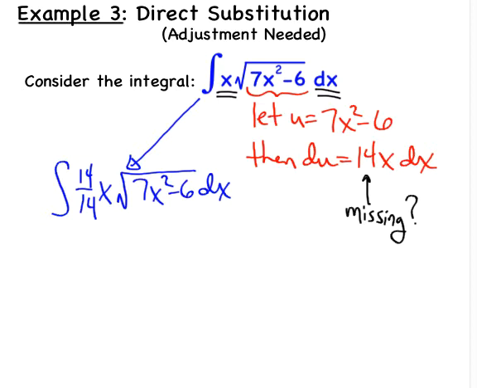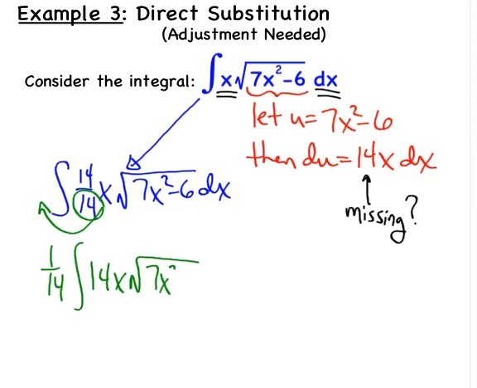And the denominator of the 14, I'm going to move out in front of the integral. So we move that out front. And then we have 14x times the square root of 7x squared minus 6 dx. And we say we haven't changed the integral, we just gave it a new form.